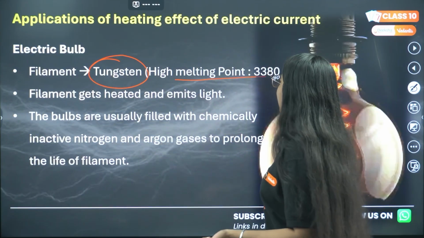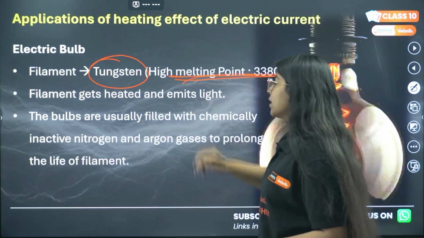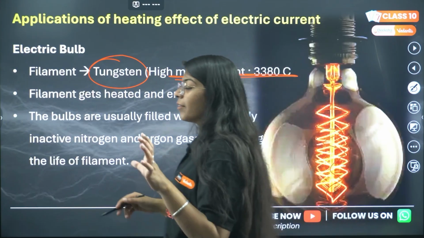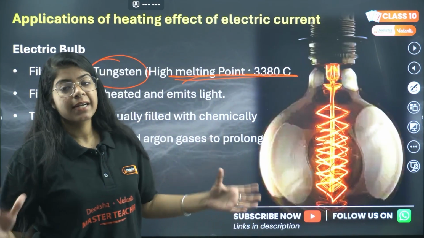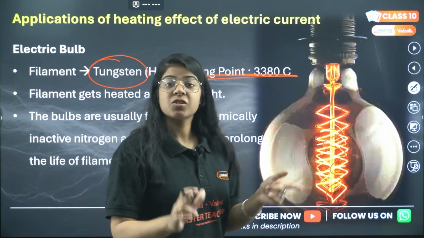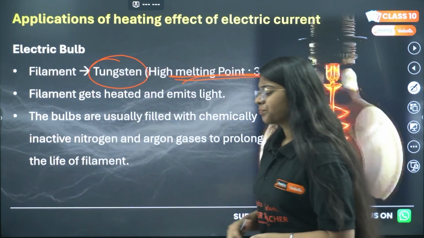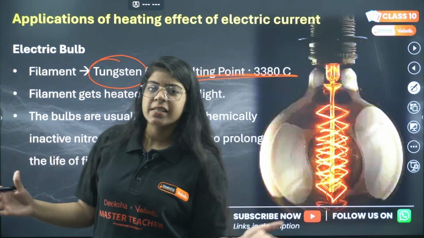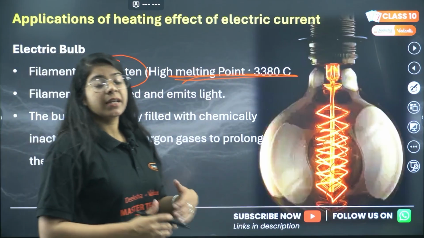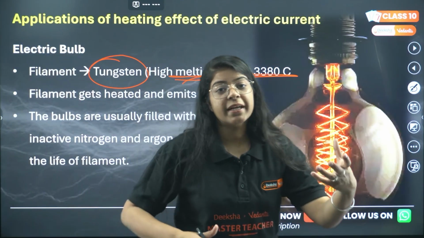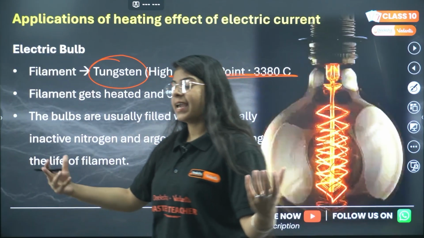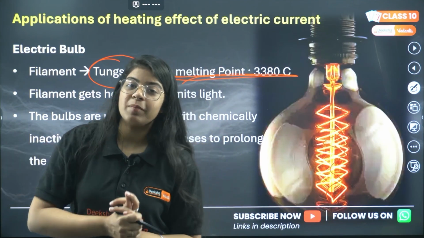Why? Because again it has high melting point, so it does not melt when current passes through it and it gets heated up. When it gets heated up, the energy gets converted from heat into light, and hence we get light from an electric bulb.